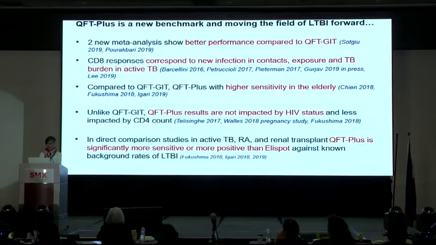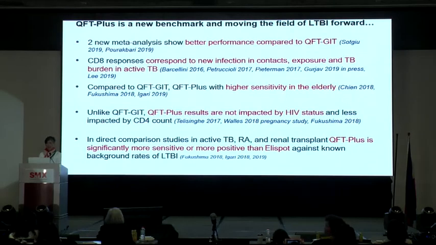So, as far as the evidence, the two new meta-analyses show better performance of QuantiFERON Plus compared to its predecessor. The CD8 studies are really panning out, showing correlation to new infection, exposure, and active TB burden. Compared to QuantiFERON Gold In-Tube, QuantiFERON Plus has higher sensitivity in the elderly in both active TB as well as latent TB.